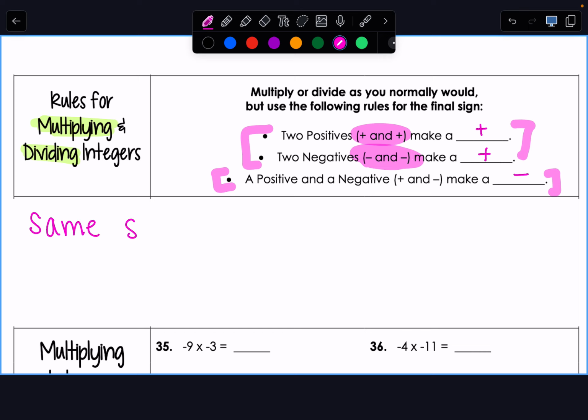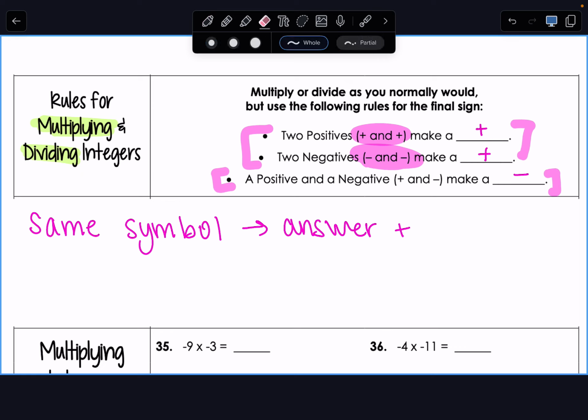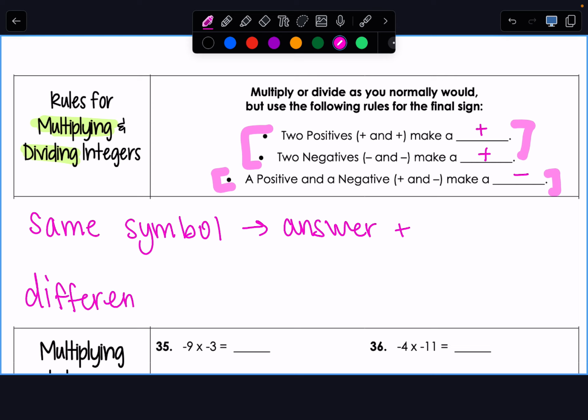So if we have the same symbol, then our answer is going to be positive. Whether it's both positive or both negative, our answer is going to be positive. But if they have a different symbol, what's going to be true about our answer? Okay, if we have a different symbol, then our answer is going to be negative.